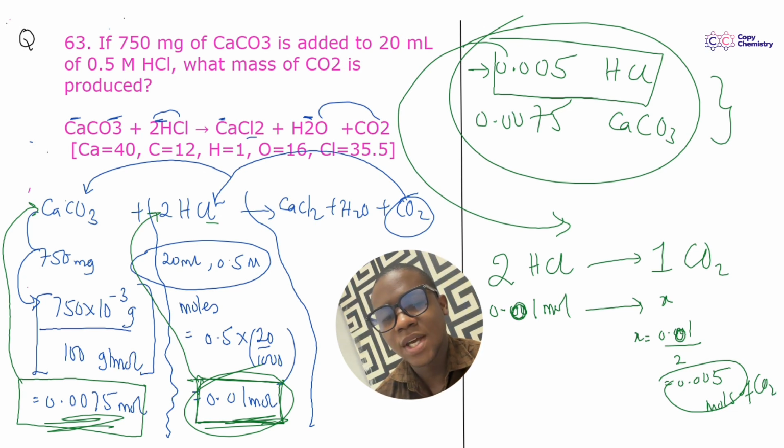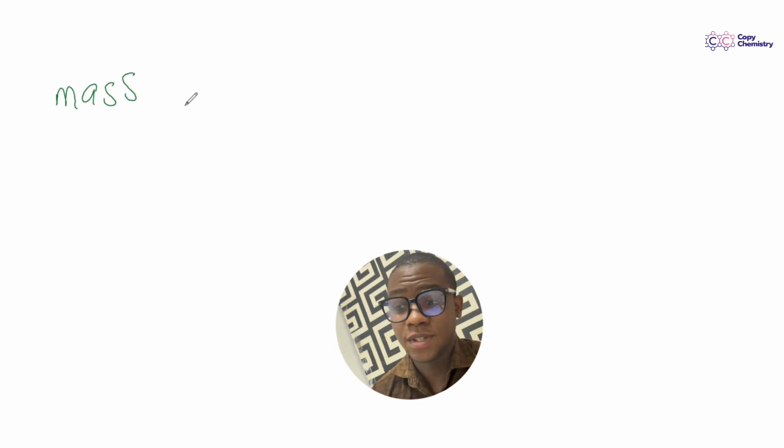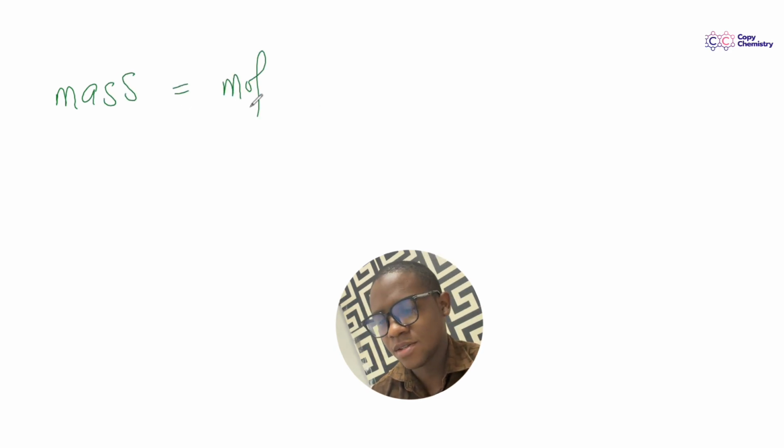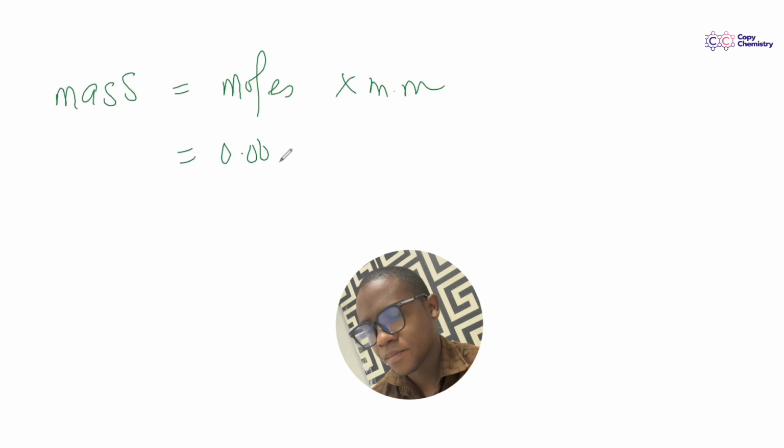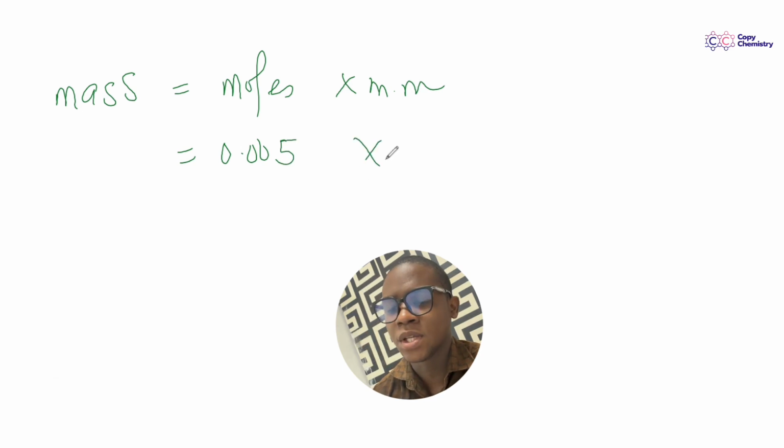Now, since they asked us to get the mass of CO2 that will be formed, we just need to say that mass is moles times molar mass, right? The number of moles of CO2 formed, we've established, is 0.005.